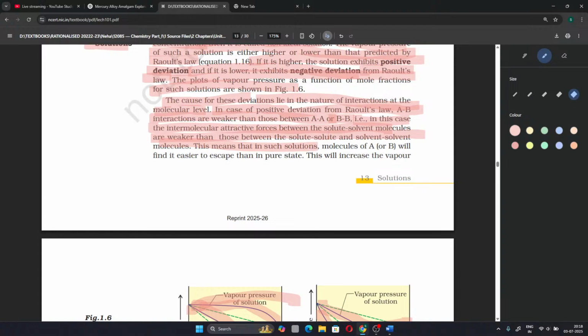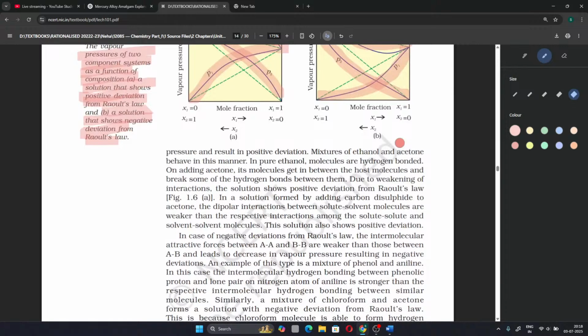This means in such solutions, the molecules of A or B will find it easier to escape than in the pure state. When AB attraction forces are weaker, the molecules vaporize easily, and this will increase the vapor pressure. That is why in positive deviation we see an increase over expectations, resulting in positive deviation.